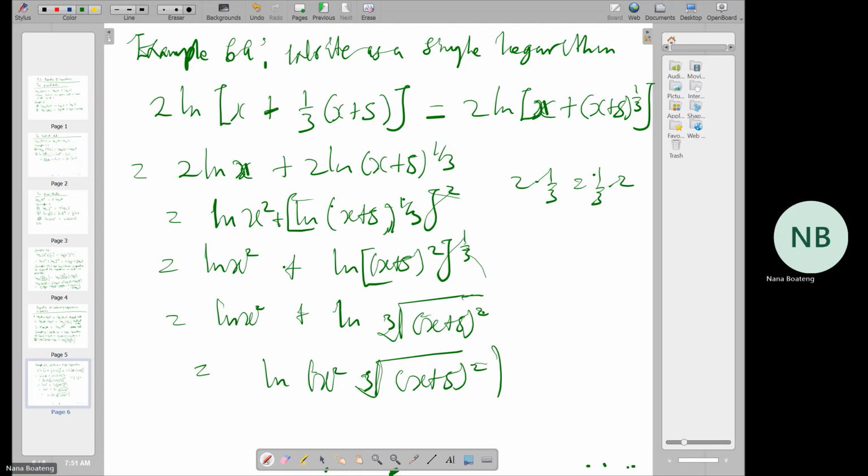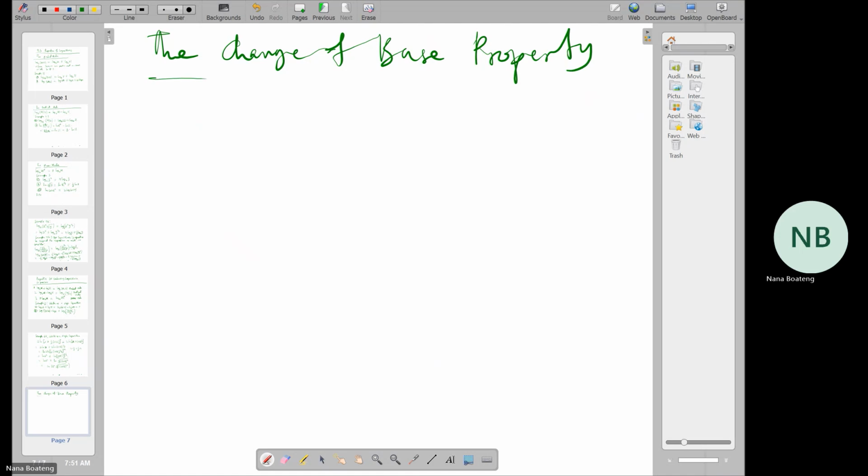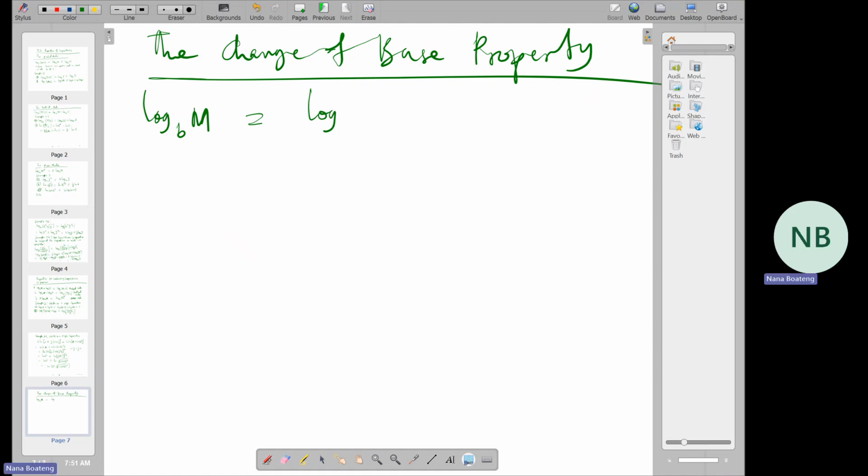All right, so the next topic we'd like to discuss is the change of base property. The change of base property says log to the base b of m is the same as log to the base a of m divided by log to the base a of b.